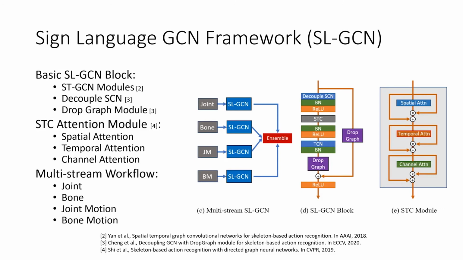Inspired by a recent paper on action recognition, we construct our basic SLGCN block containing a decoupled spatial convolution network, a temporal convolutional network, and the STC attention module. We also use a multi-stream workflow, including joint stream, bone stream, joint motion, and bone motion streams to further improve the performance.